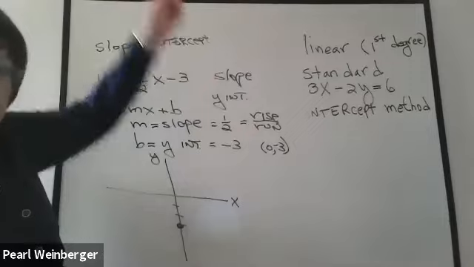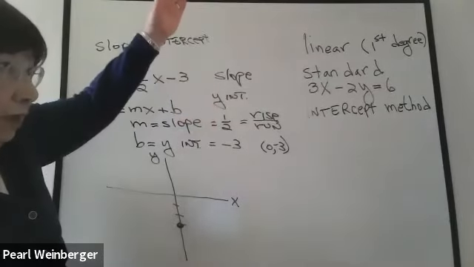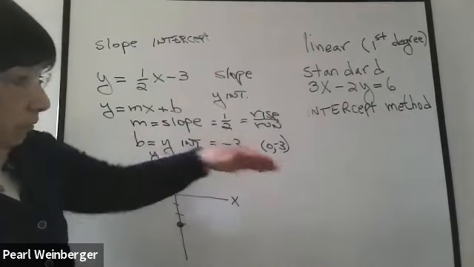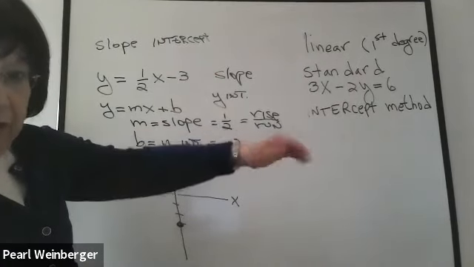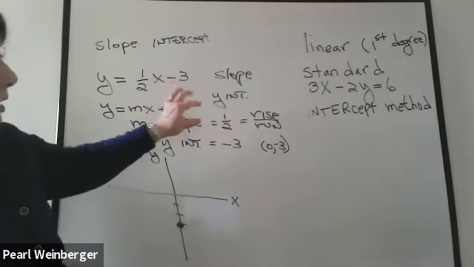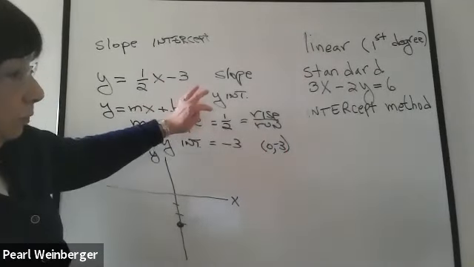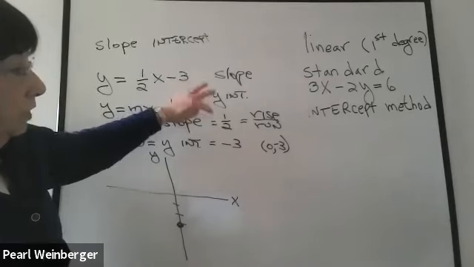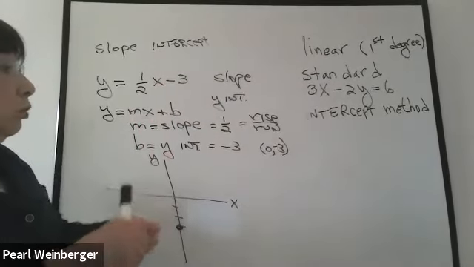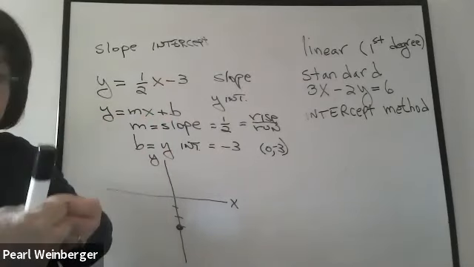Rise means going up or down. If it's positive, you're going up. If it's negative, you're going down. And run means going, positive is to the right, negative is to the left. This is a positive number, 1/2. So therefore, my slope being 1/2 means that I'm going to be going up 1 and 2 to the right.